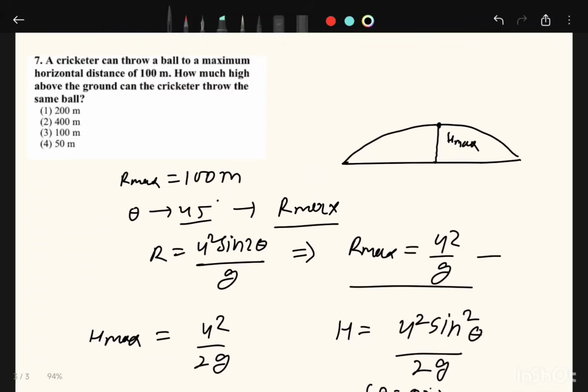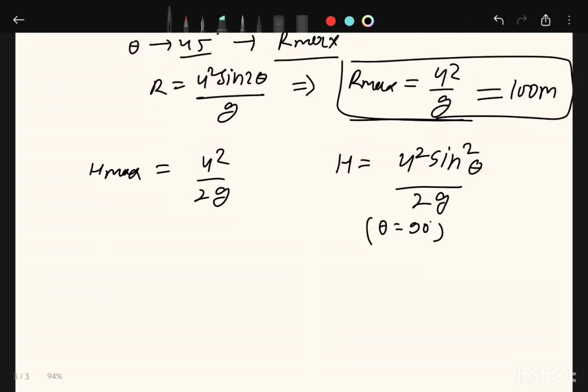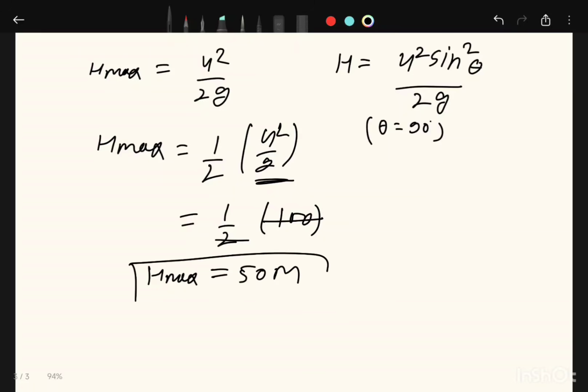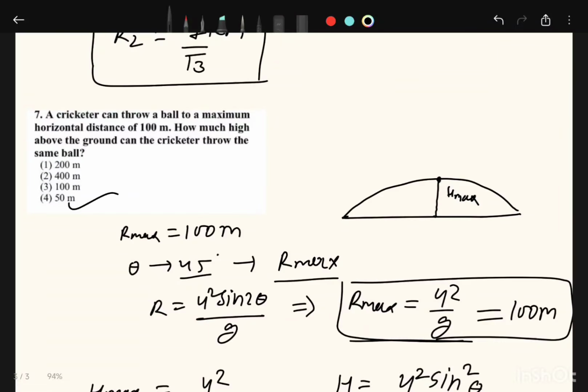R maximum is given to us already, that is 100 meter here, right? So our h max becomes 1 by 2 of u square by g, and in place of u square by g we can put the value 100. So our h max will become 50 meter, right? So which option is correct? Option 4.